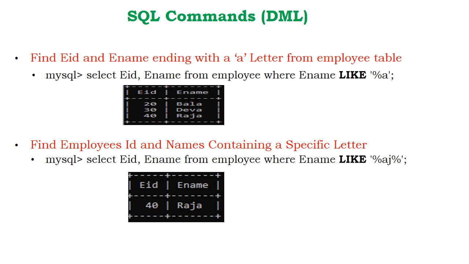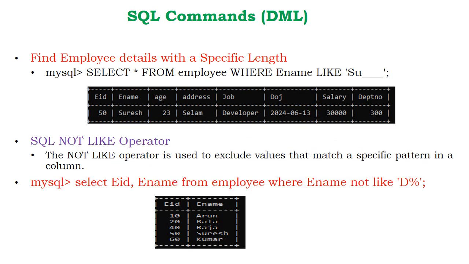It verifies the matching characters in between, then displays. And specific length you can also apply. For example, SELECT * FROM employee WHERE ename LIKE 'SU' followed by underscores. Then it will verify any name, for example, SU followed by the underscores, the remaining characters will match, then it will display.